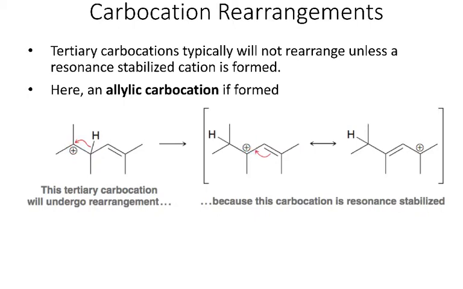But if the carbocation is here, I can also write the alternate resonance structure, where I have a carbocation allylic to a pi bond, so I can move that pi bond over. By shifting, I go from a non-resonance-stabilized tertiary carbocation to a resonance-stabilized tertiary carbocation that is more stable. And so this carbocation will undergo this shift.